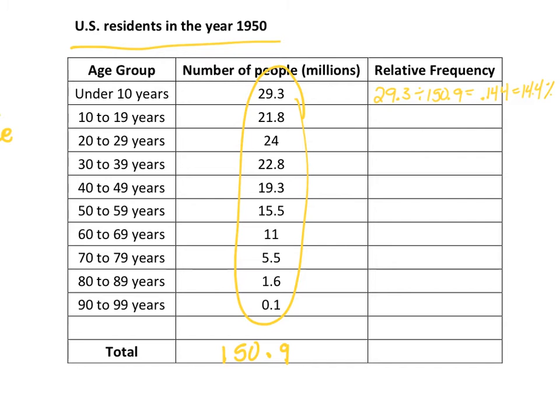And then we do the same thing. And actually, excuse me, I had poor handwriting. This should actually be 0.19, which is 19.